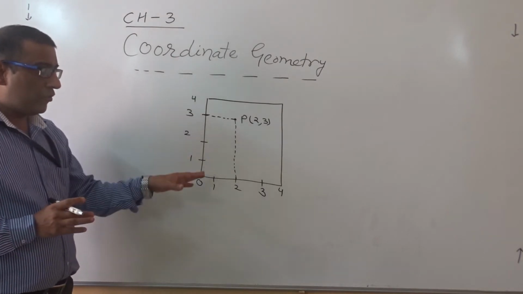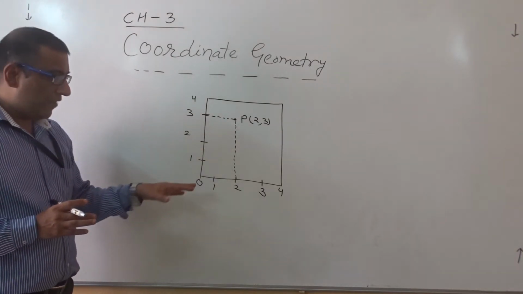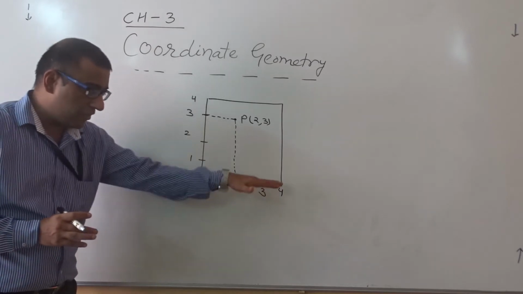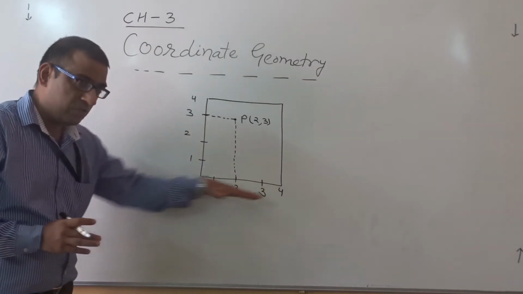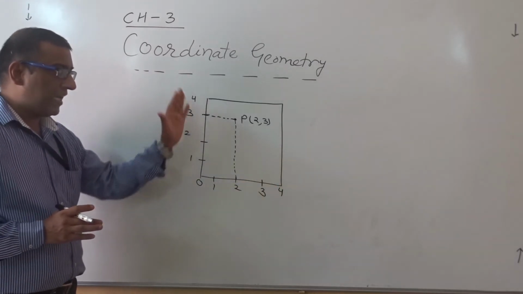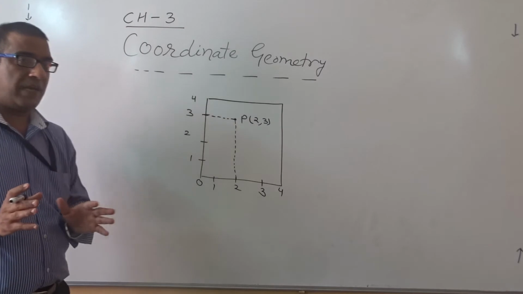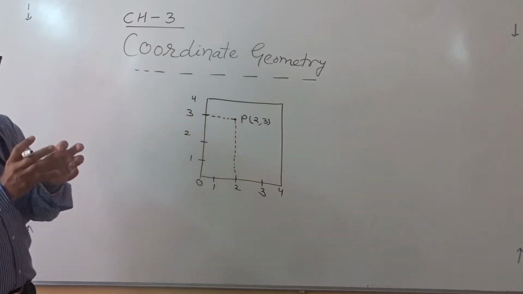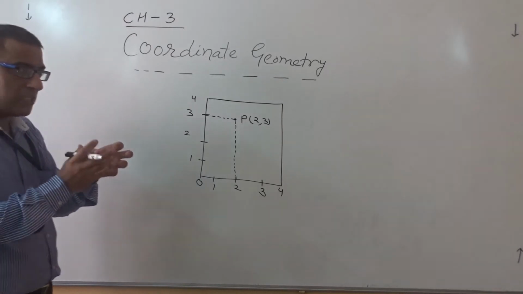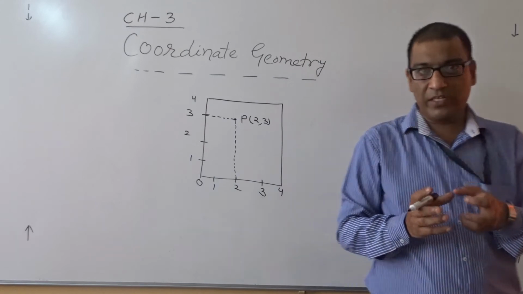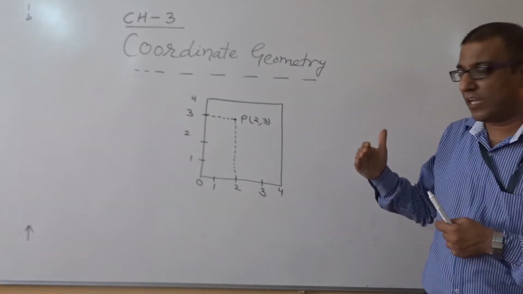If this is the point, and if we do not mark 0, 1, 2, 3, 4 on this horizontal line, and if we do not mark 0, 1, 2, 3, 4 on the vertical line, then we can't identify the exact location of this point. It means if you want to identify the exact location of a particular point, you need 2 things, you need 2 dimensions, so that you will easily get the location.